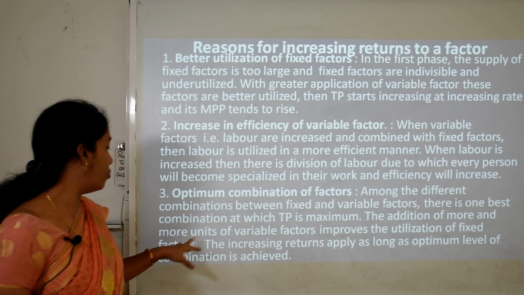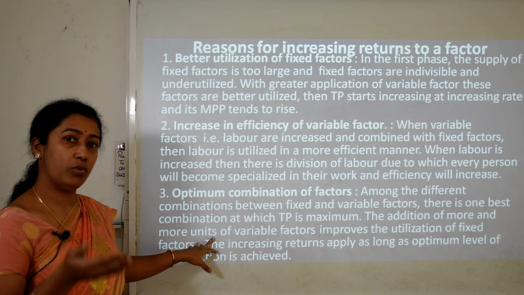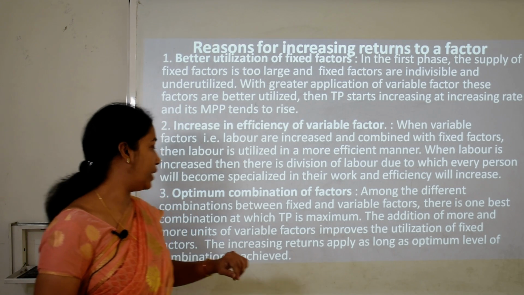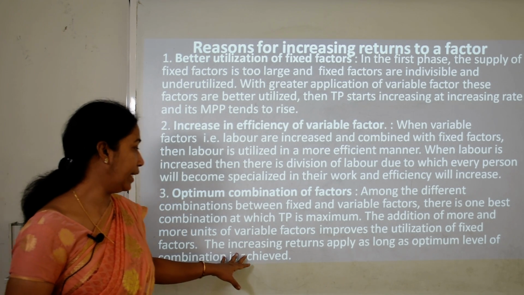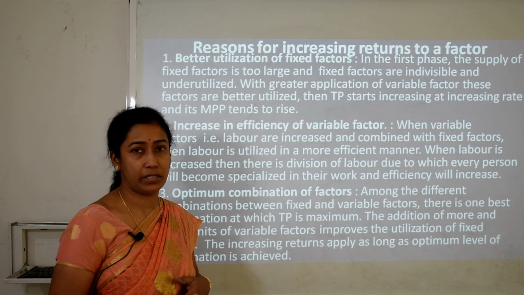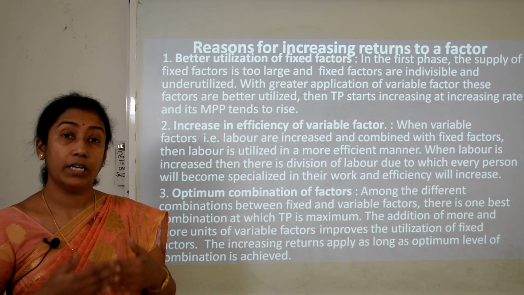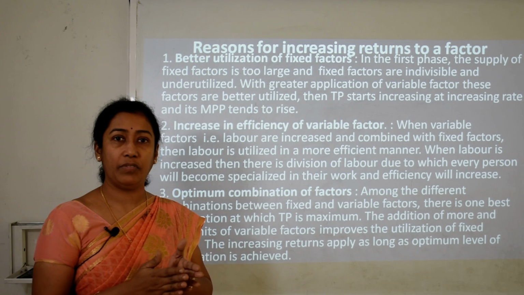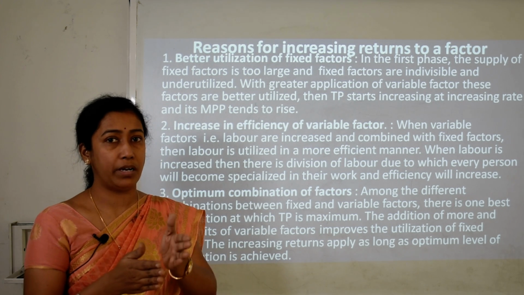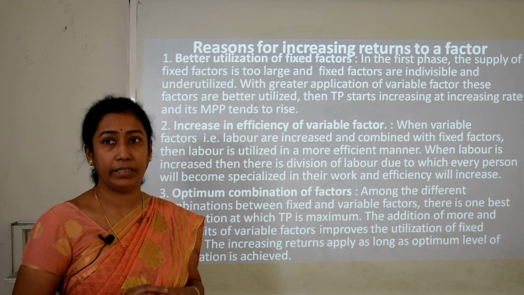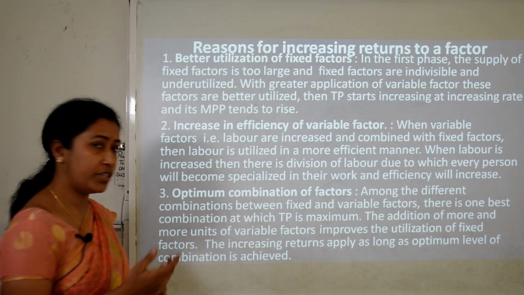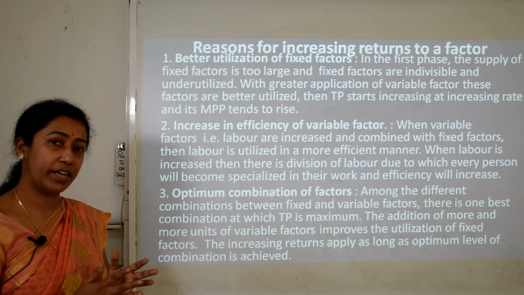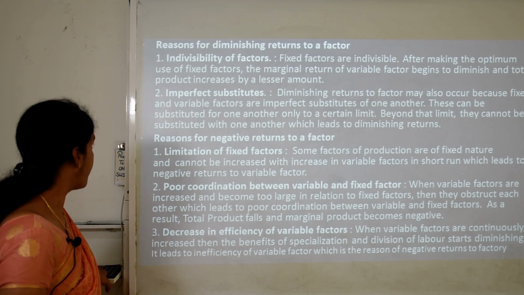The addition of more and more units, that means one more addition to fixed factor or variable factor, improves the utilization of fixed factor, and the increasing return applies as long as the level of combination is achieved where total product and marginal product are both increasing at an increasing rate. To achieve that, the variable factor is constantly increasing, whereas the fixed factor remains the same.